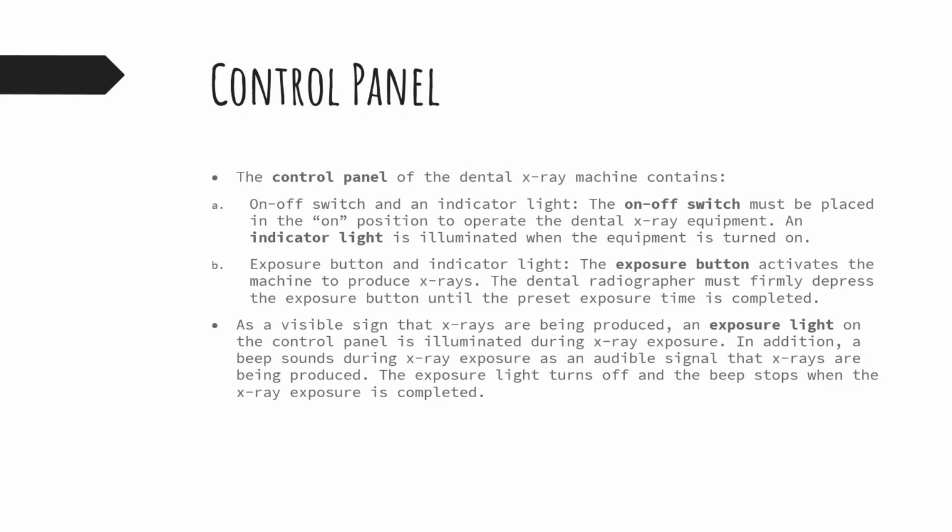We also have the exposure button and the indicator light associated with it. The exposure button activates the machine to produce the X-rays. This is where you hold the button and firmly depress it until the preset exposure time is completed.